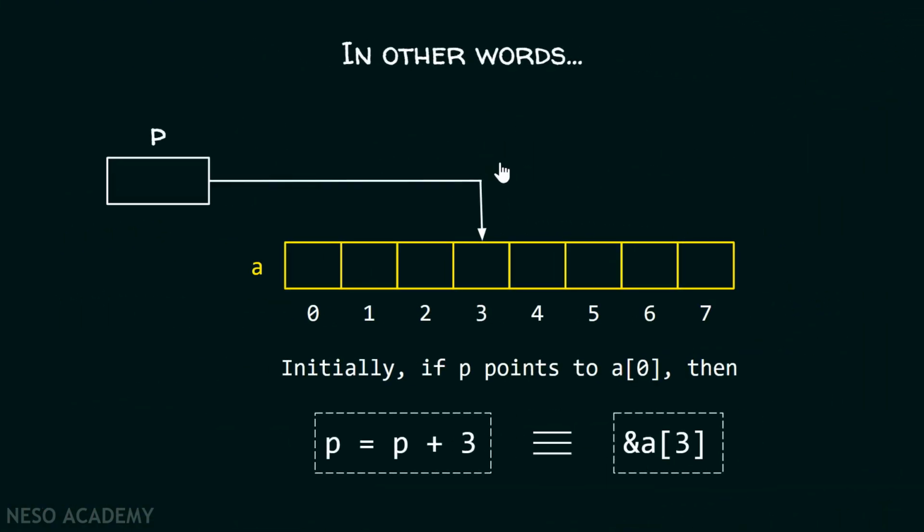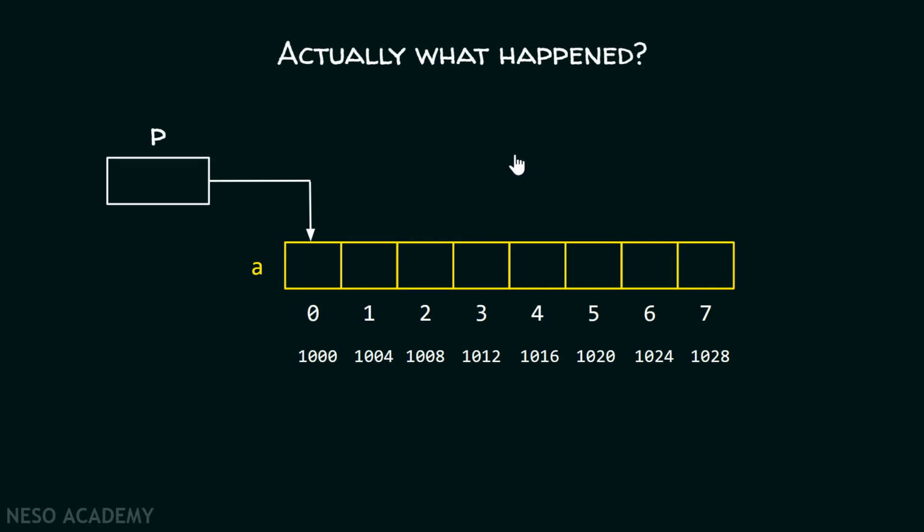Now let's see what happens behind the scenes. Suppose the base address of this array is 1000, and we will also assume that an integer takes 4 bytes of memory. It simply means that if the base address of the array is 1000, then the first integer will get stored from address 1000 to 1003, and the next integer will get stored from memory location 1004 to 1007, and so on, right?